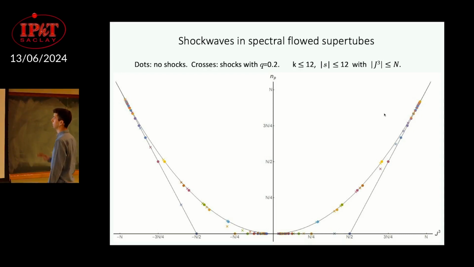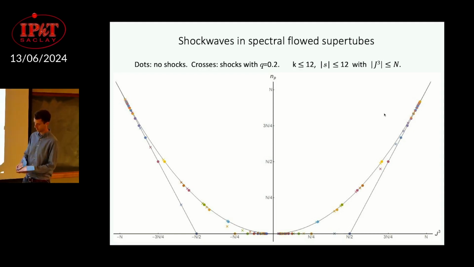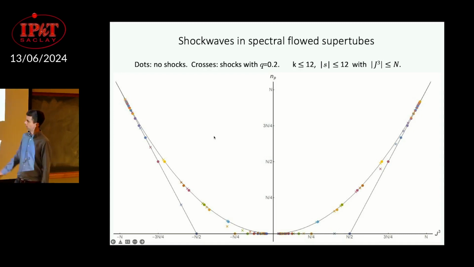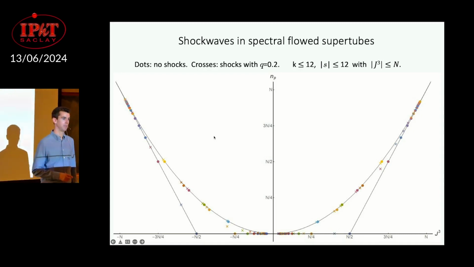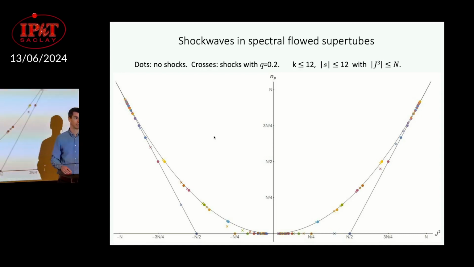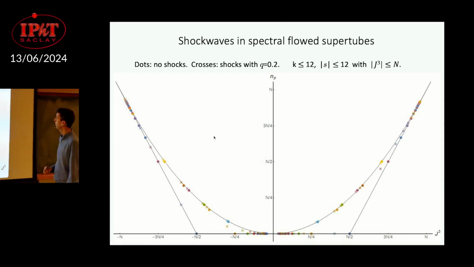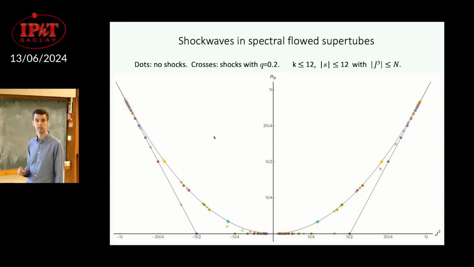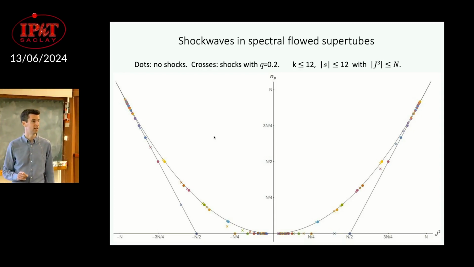I'm not showing you the explicit solutions, but I'm plotting the angular momentum against the y momentum np. Everything is in units of capital N. The parabola here is the BMPV parabola, so the region of parameter space inside is where there is the single-centered large black hole. All of the solutions I'm talking about are outside of that regime, so they don't have the same charges as large supersymmetric black holes.